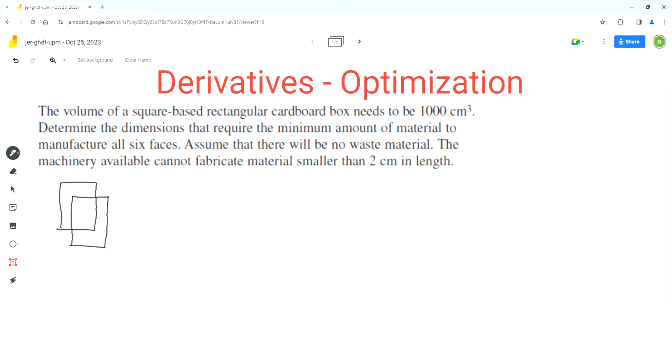So this is a square-based box. Since the base of this box is a square, it will have dimensions that are equal to each other. So x, x, and let's assume the height of this box is y.